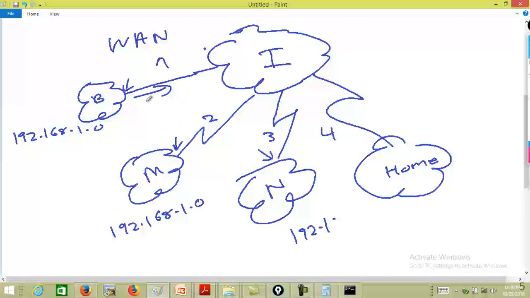Without this concept of private IP addresses and NATing, consider that Baraton has, let's say, 600 computers. If you walk around, you have 600, and of course the number is far higher than that, because you have people with their smartphones.